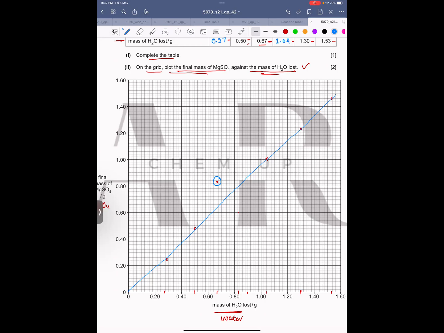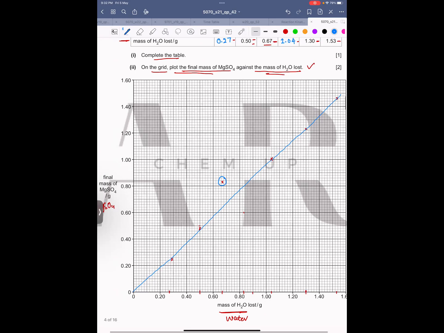Let me keep it like this. So if the final mass of magnesium sulfate is 1.2, then the mass of water lost is 1.26.